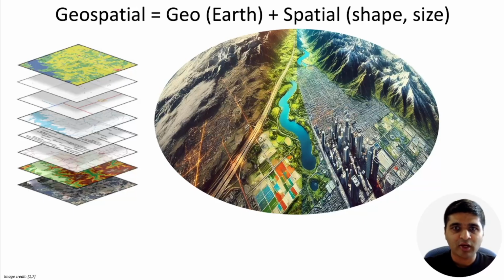Geospatial technology helps us to capture and store details about where features are, how they look, and what they are called. By creating layers of map data like vegetation, water, soil, and city structures, we can explore the world in new ways and answer important questions.